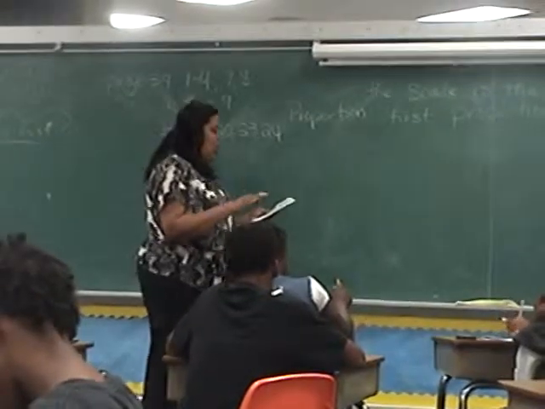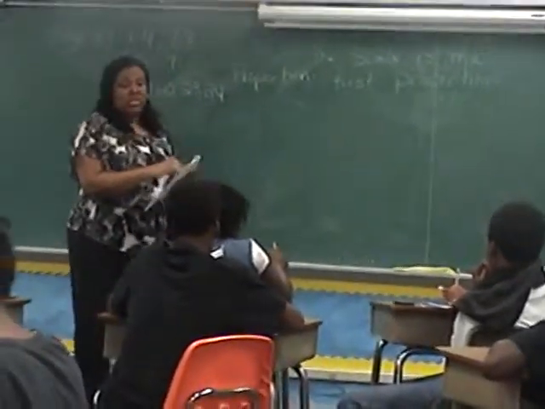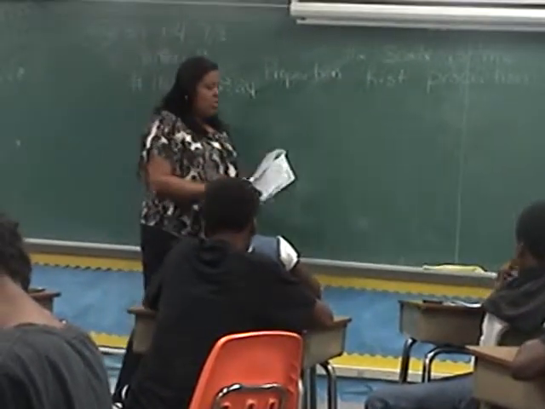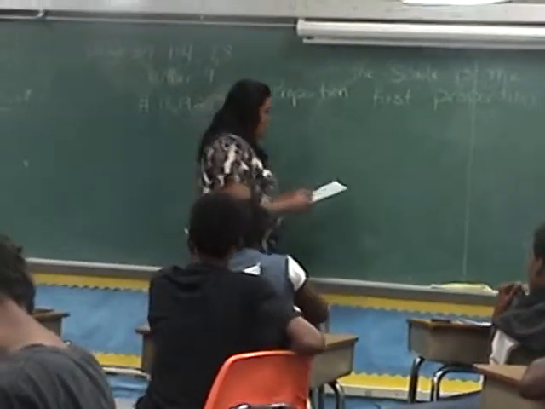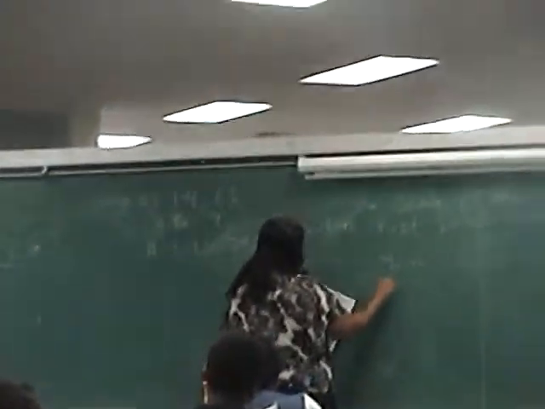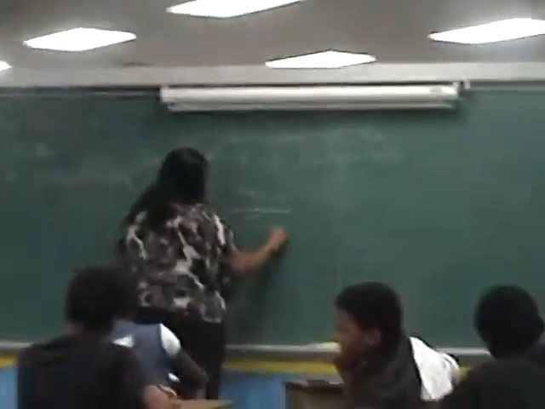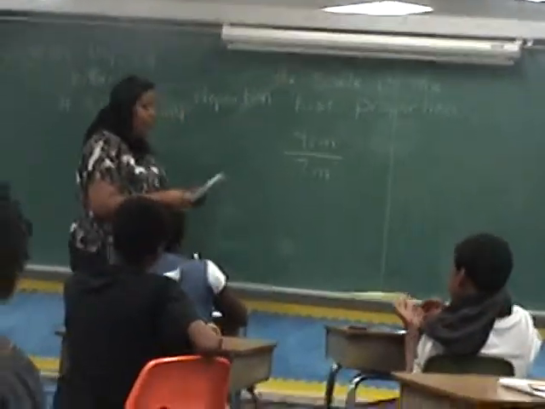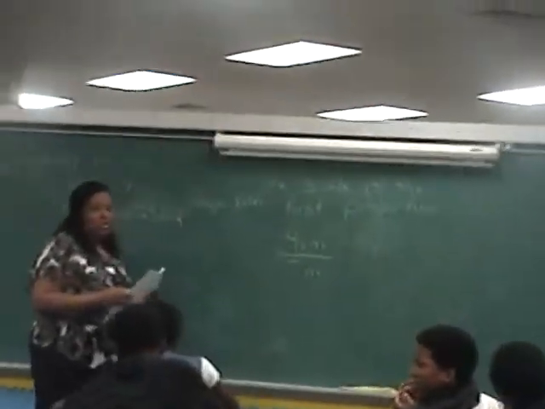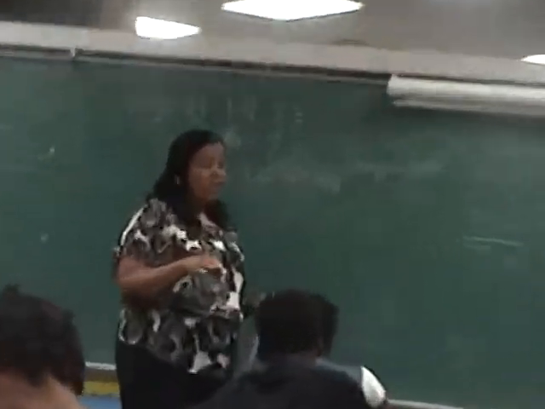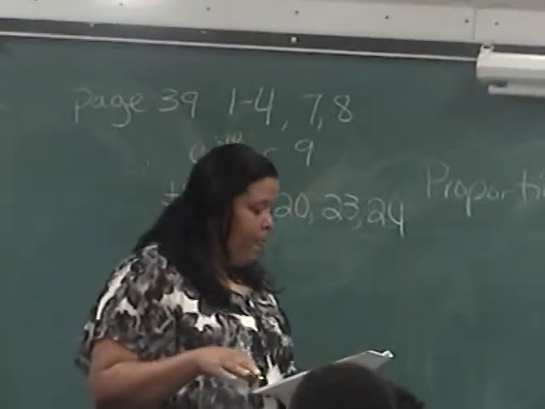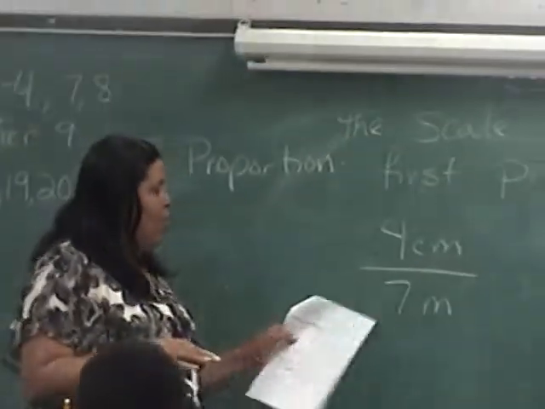Okay, so let's look at the third question, because the first two questions are just asking you to write down the scale, and we already know what that is. So let's write down the third one. The scale is saying for every 4 centimeters, it equals 7 meters. It says for every 2 centimeters, how many meters is it?